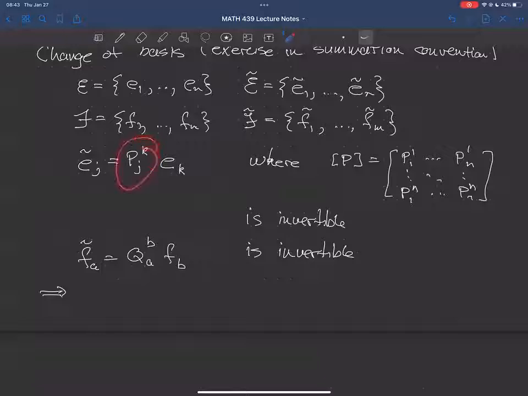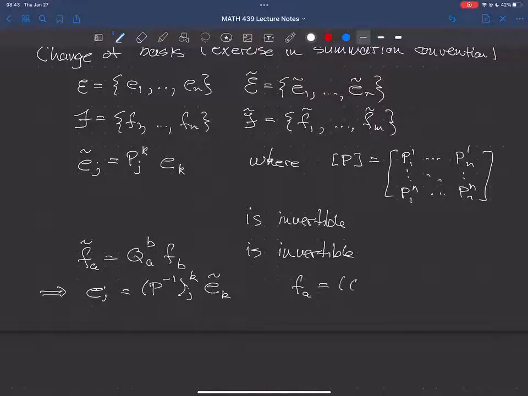And the matrix that you're going to get out front is going to be the inverse of P. So you also are going to get that EJ is, and I'll write the components of the inverse of P like this, and F A is Q inverse A B F tilde B. So that's just the change of basis formula going both ways. We're going to need both things.